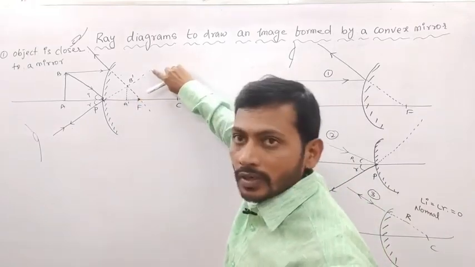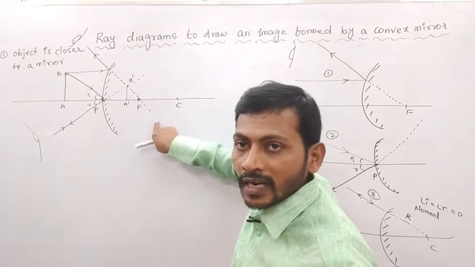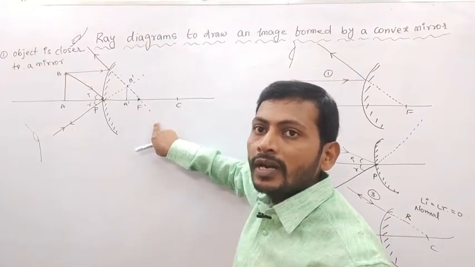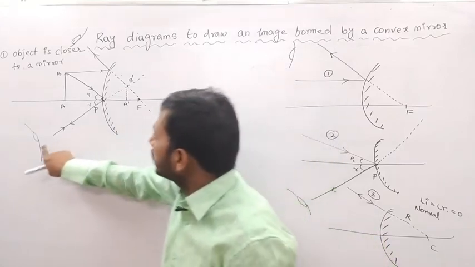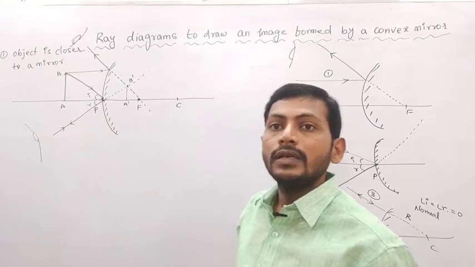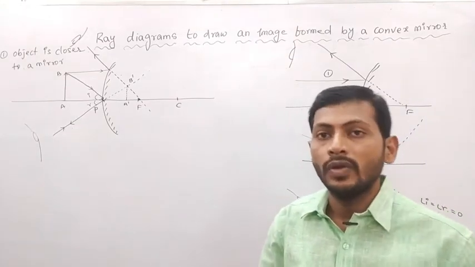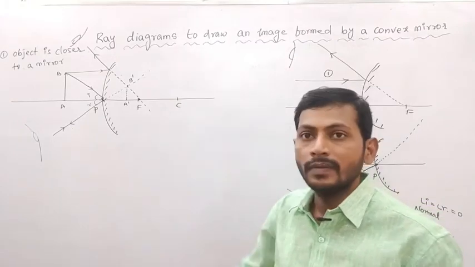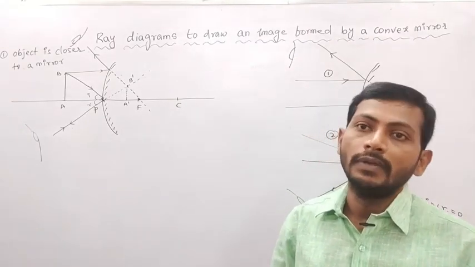These two reflected rays are not real rays; they are imagined by our eye. That's why this image formed due to imaginary rays is given the name virtual image or imaginary image.